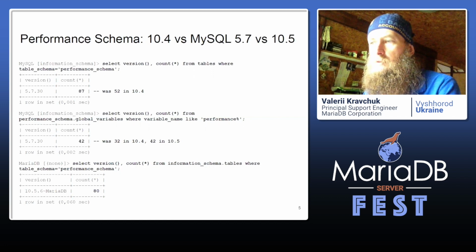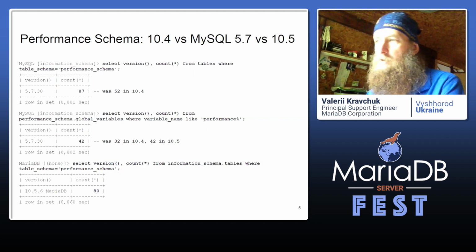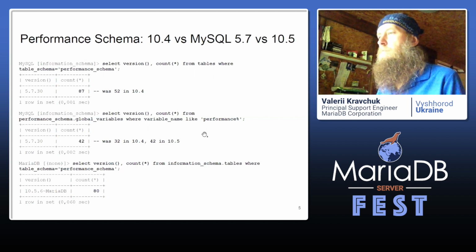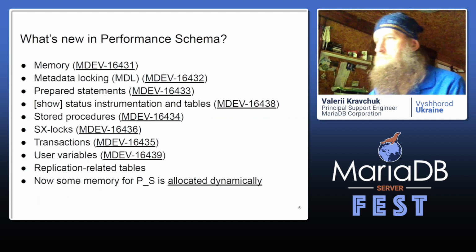A few tables are still missing, and these tables are mostly related to the group replication feature that we do not have in MariaDB. If we speak about the related variables, we now have the same number, 42 variables that allow us to set something related to performance schema.